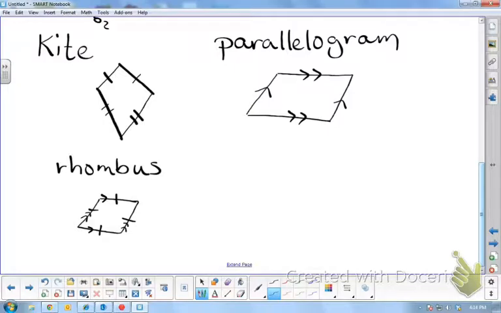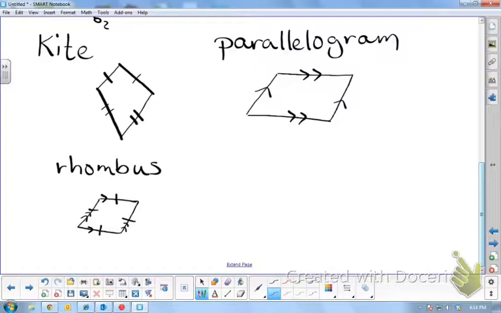So a rhombus is like a tilted square, where a parallelogram is like a tilted rectangle. But a rhombus still fits the definition of a parallelogram. A rhombus has 2 sides parallel top to bottom, 2 sides parallel left to right. So a rhombus is also a parallelogram. It can have more than one name. Sometimes they fit within more than one category.